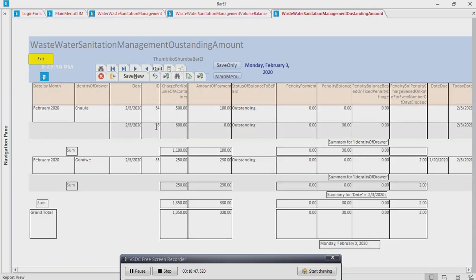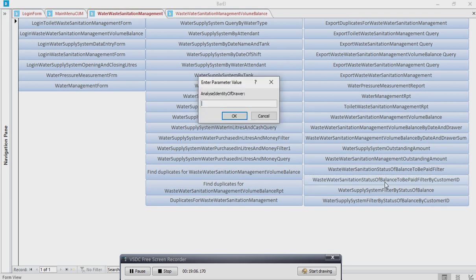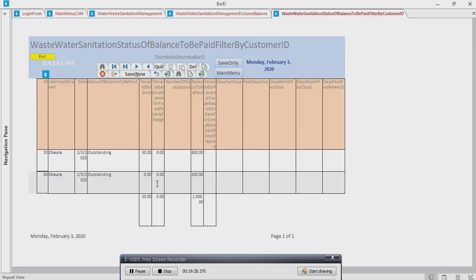This is Chaula. Yeah, so you can see the outstanding amount for Chaula is this.